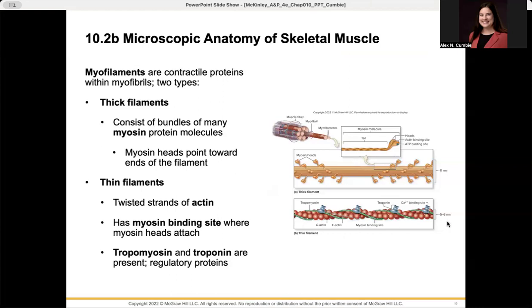So we have actin making up most of the thin filament, but we have two regulatory proteins sitting on the surface, which are called tropomyosin and troponin. These are going to be really, really important because these are kind of providing the binding sites so that we can bind the myosin heads to this filament when we are doing a muscle contraction.